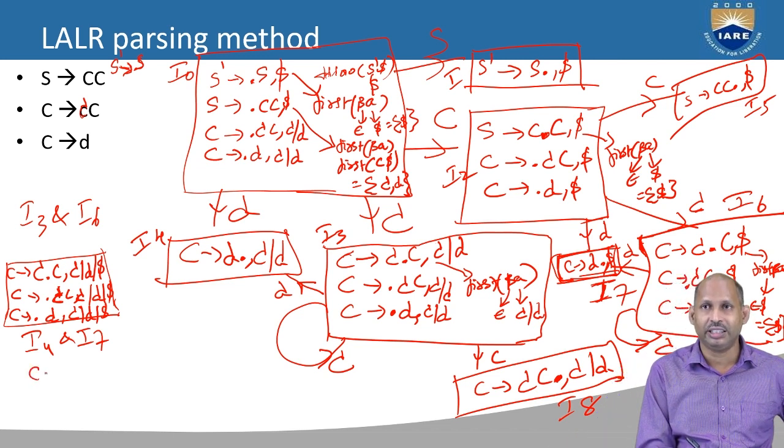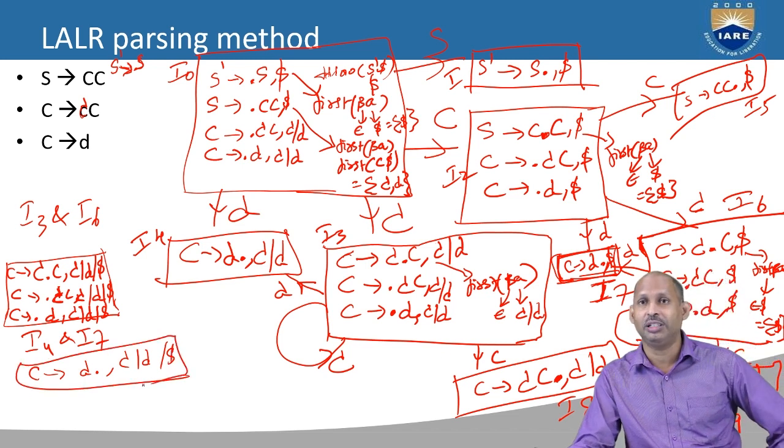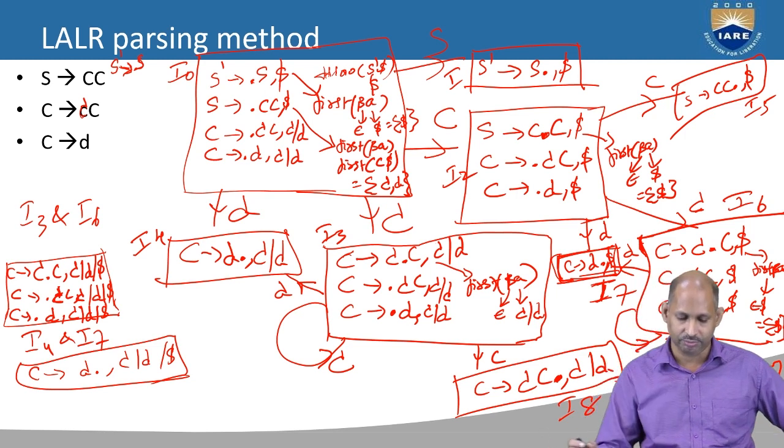So, C gives d dot, followed by the union of lookahead symbols of both the groups: c, d and dollar sign.